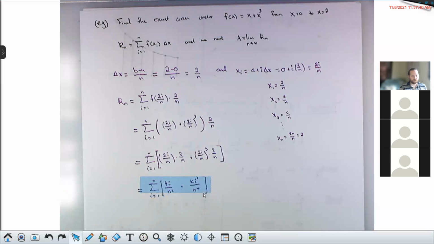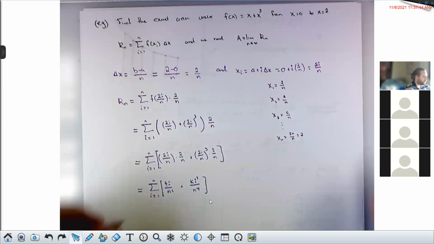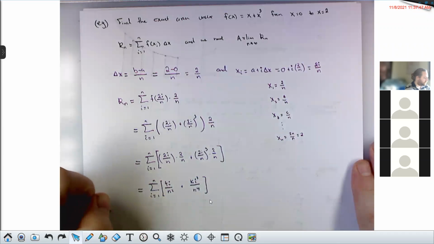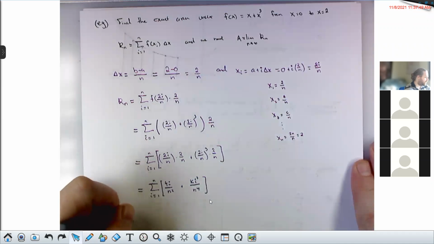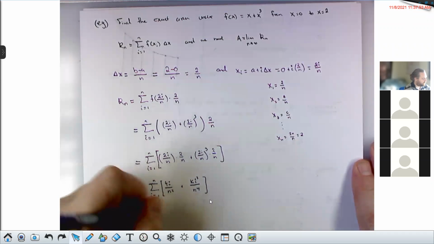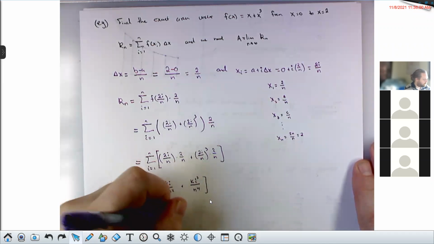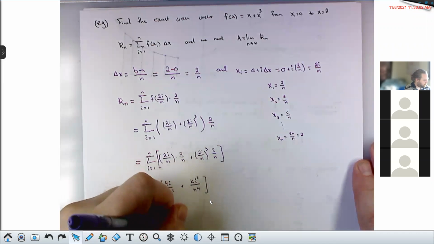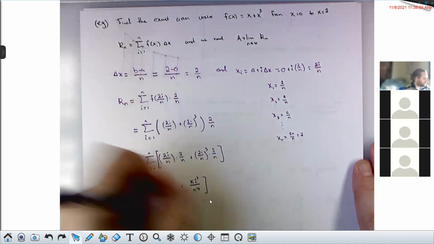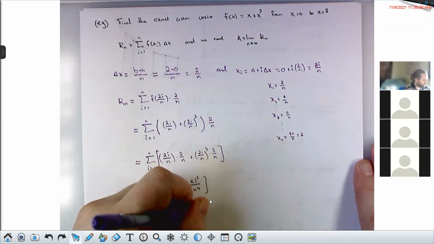And then once I get to a nice clean place like this, I'm going to say, okay, now my exact area is the limit as n goes to infinity of this sum, 4i over n squared plus 16i cubed over n to the 4.